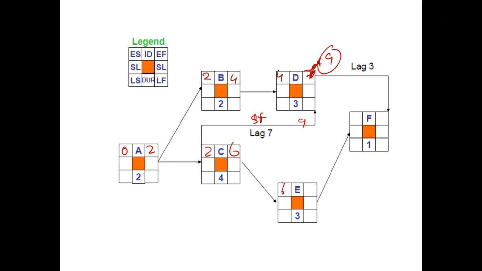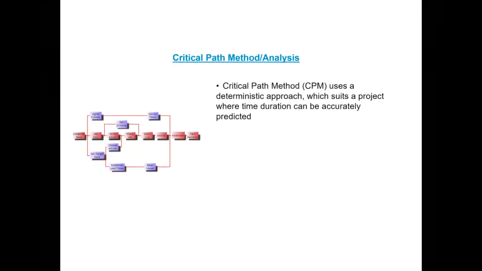Other than that, 6, 9, and 9, and then F again, the early finish of F is a merge activity, so either 10 or approaching from the top will be 9 at 3, 12. So we will be choosing the largest value, which is 12. You can do it either manually, or you can take it to schedule in the software of your choice, like Microsoft Project or Primavera, and prepare a manual solution or a computer-based solution.